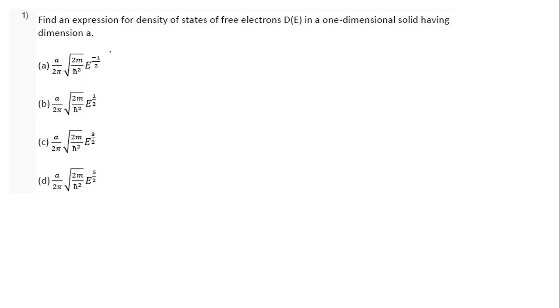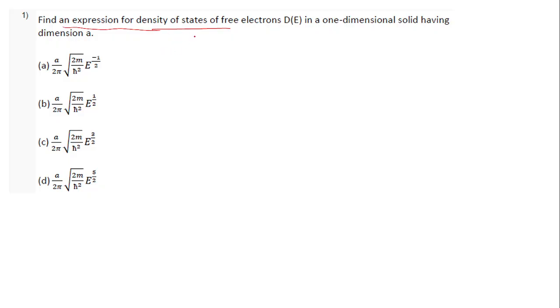So the first question is, find an expression for density of states of free electrons in 1D solid. Okay, so if you remember, we had discussed density of states two weeks back.